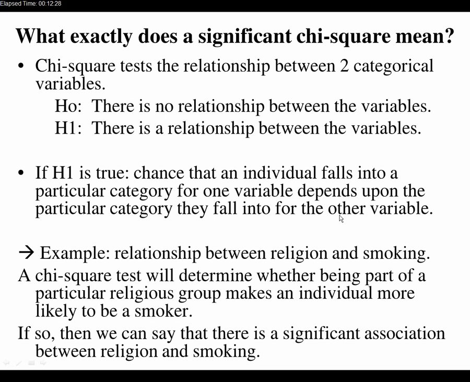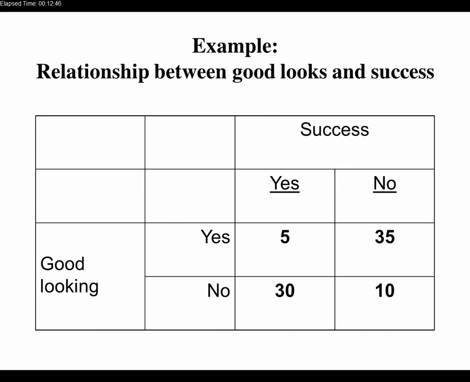Remember degrees of freedom. Example, the relationship between religion and smoking. Is there any? A chi-square test will determine whether being part of a particular religious group makes an individual more likely to be a smoker. If so, then we can say that there is a significant association between religion and smoking.